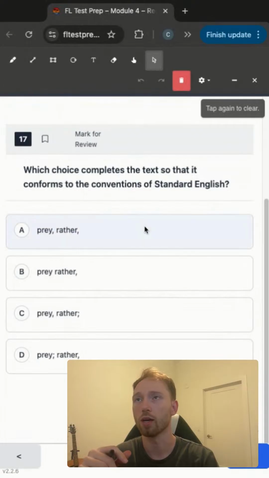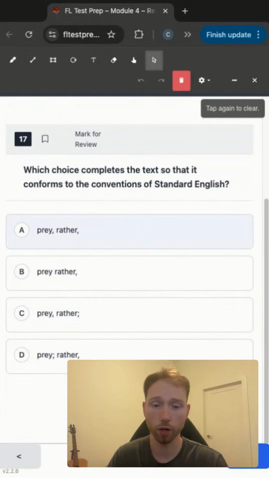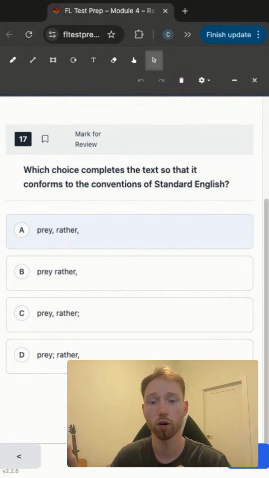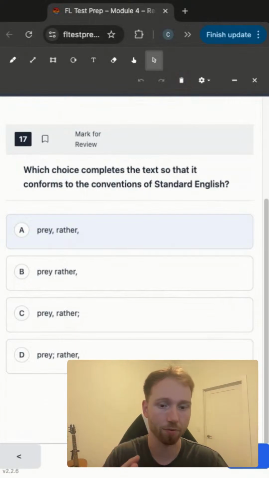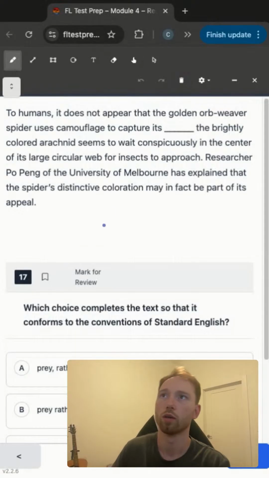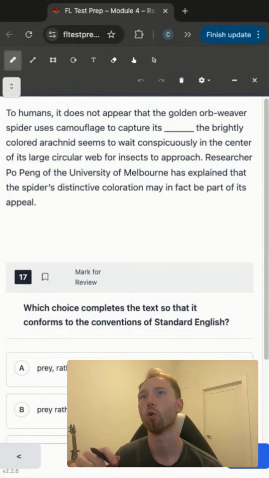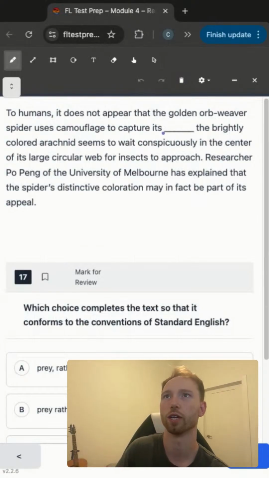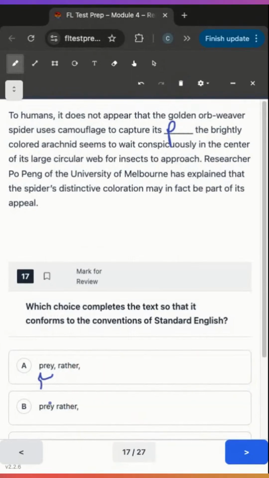So let's go ahead. When you realize it's testing clauses, you want to look at the clause before the punctuation and the clause after the punctuation. To humans, it does not appear that the golden orb weaver spider uses camouflage to capture its prey, because prey is occurring before the punctuation. To humans, it does not appear. That's a full sentence. I'm going to say that's an independent clause, because independent clauses are full sentences.